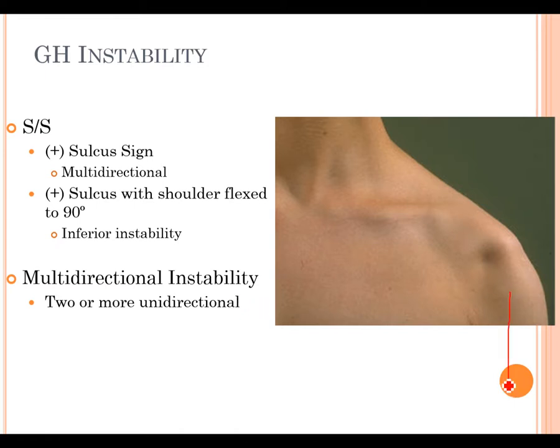You're going to pull the arm straight down, and here is your acromion, and then here is your big gap where your humerus that used to be sitting up here has now gone below. So it's actually sitting down in the fossa, halfway out of the fossa, which gives us this big gap.